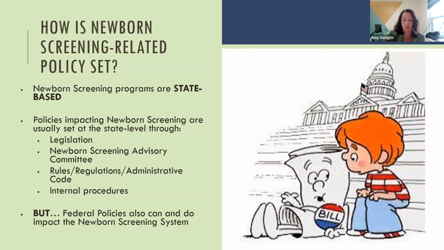This can be done through formal legislation, through decisions and recommendations made by the Newborn Screening Advisory Committee, it could be codified through rules, regulations, or administrative codes, or maybe simply represented by internal policies and procedures adopted by the screening program. But this state focus does not mean that federal policies don't impact newborn screening. They most certainly do, and we'll cover some of the related federal policies later on in this webinar.